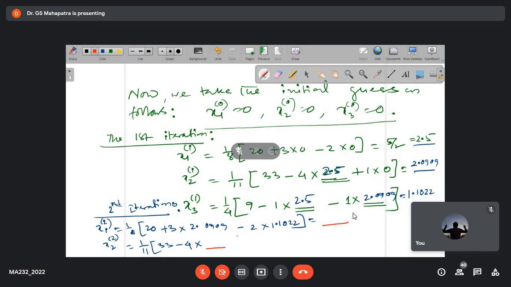Now again, plus 3.0085, so 3.0085, and now 1 into, that is actually x2 means x1 and x3 will be the same, 1.1022, that one. So this one also I will highlight through red underline. What is this one? Then only I will find x3.